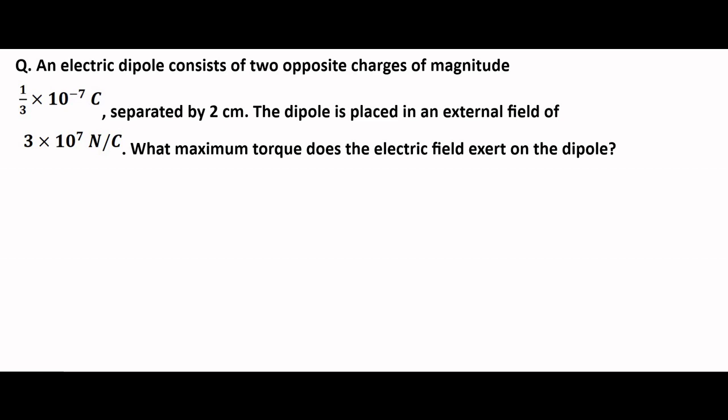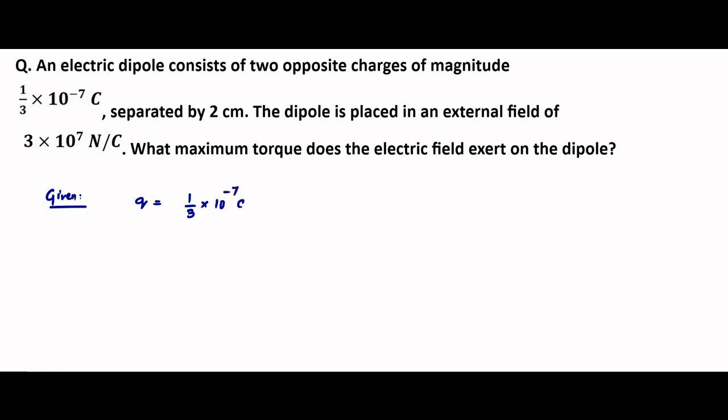So here again, this question is on torque acting on the dipole placed in an electric field. Here the given parameters: the magnitude of charge is equal to 1 by 3 into 10 to the power minus 7 coulomb.